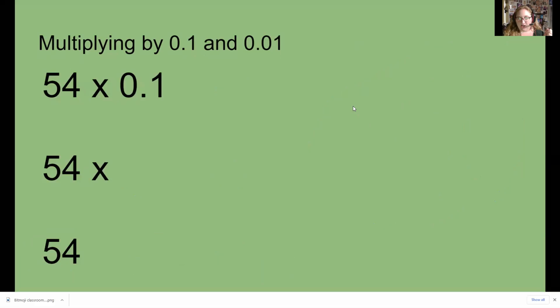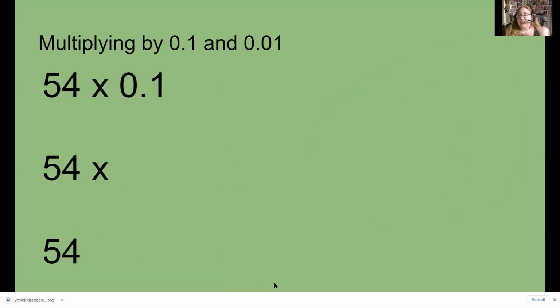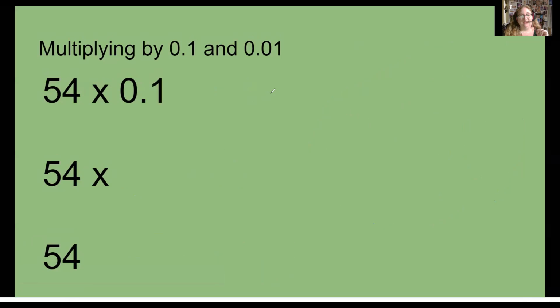How about with something harder, like 54 times 1/10? You might be like, Miss Wolf, I don't want to draw 54 groups. You don't need to, because remember, it's the same as dividing by 10. 54 times 1/10 is the same as 54 divided by 10, which we know, just move the decimal one spot to the left.